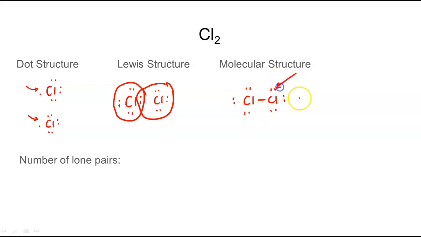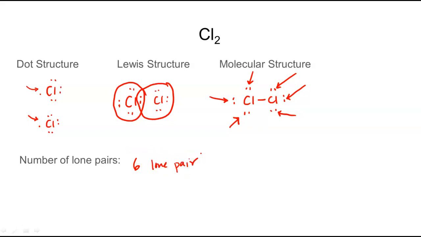So this is a lone pair, this is a lone pair, this is a lone pair, and they're all alone, not bonded to another atom. So in this case, the number of lone pairs we have are 6 lone pairs.